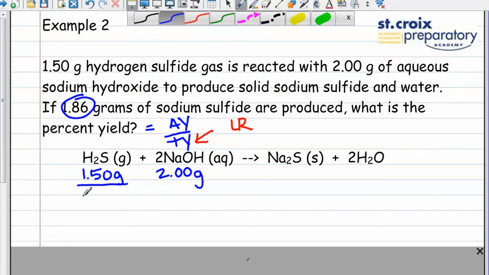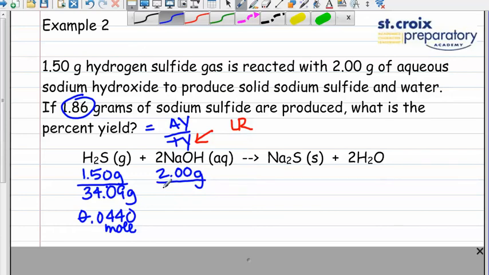Our molar mass for hydrogen sulfide is 34.09, and we have a coefficient here in our balanced equation of 1. So our final answer here is going to be 0.0440 moles of H2S. Now let's go ahead and do the same for our sodium hydroxide.